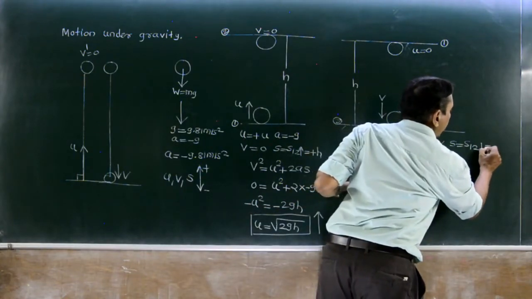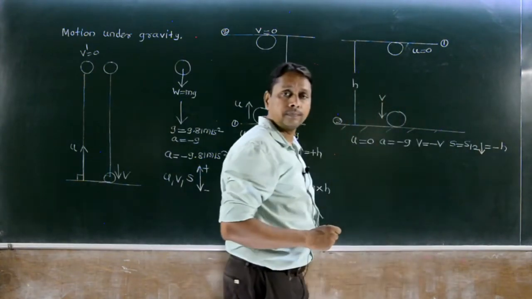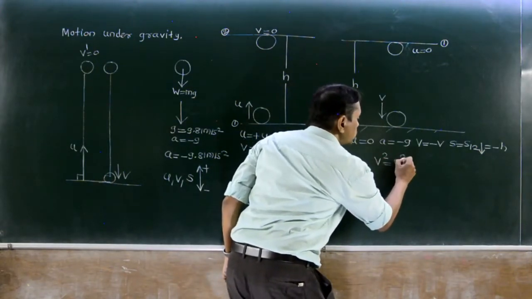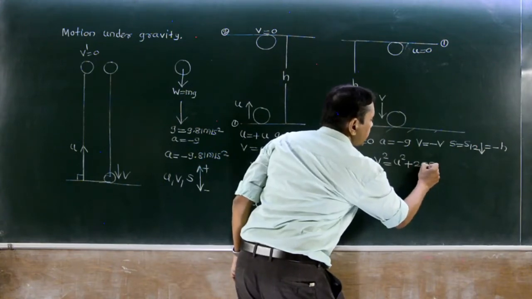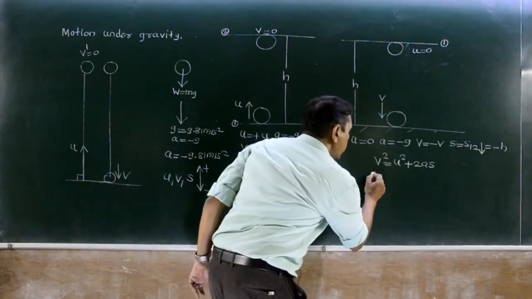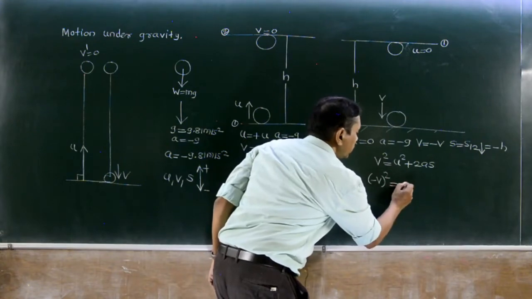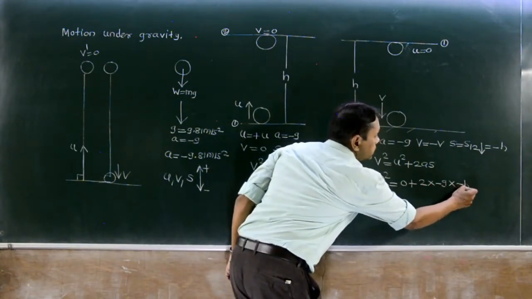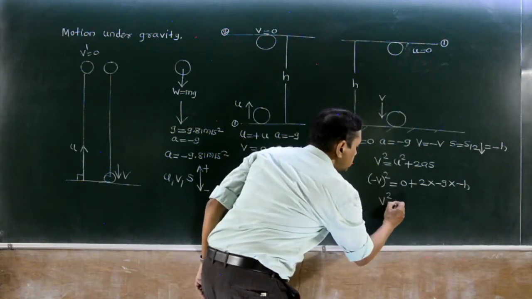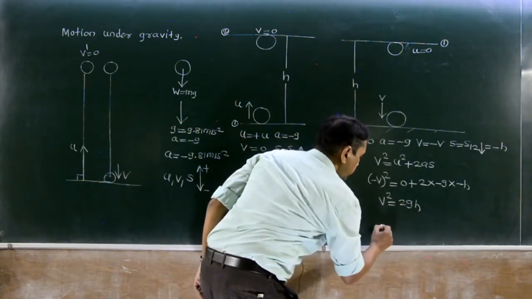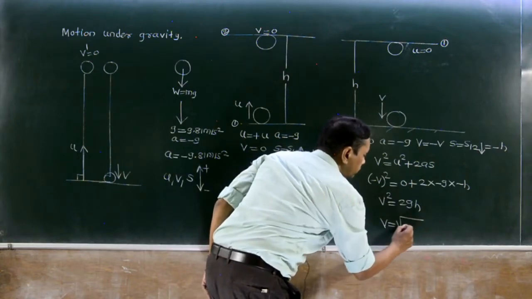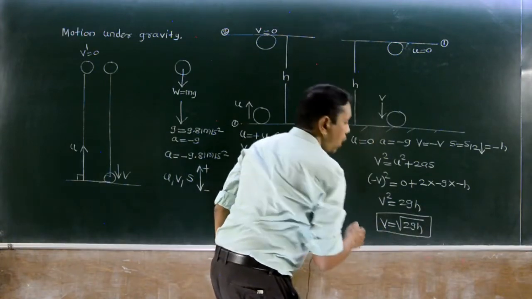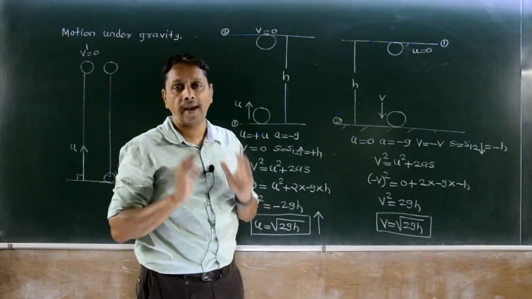Therefore, it is taken as minus h. So the equation I am going to use is v square equals u square plus 2as, which is 0 plus 2 into minus g into minus h. So v square is plus 2gh, and here also we have the same expression, 2gh. This expression you have to use to solve numericals of impact.